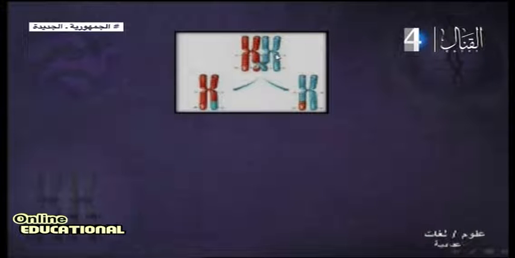It consists of, let's count, 1, 2, 3, and 4 chromatids. So this shape is called a tetrad. The inner two chromatids of the tetrad exchange parts of them.